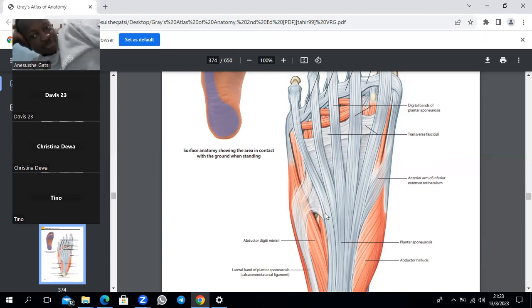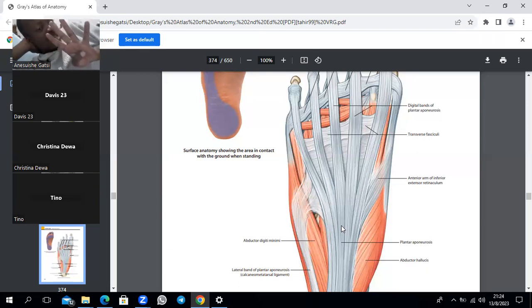Yes, what's this? Remember, the foot is the hand. So if you understood the hand, you should know the foot. The hand on the palm, there was a palmar aponeurosis. In the foot, there is a plantar aponeurosis. The only difference is that in the hand, the palmar aponeurosis goes to the 4 medial digits, these ones.